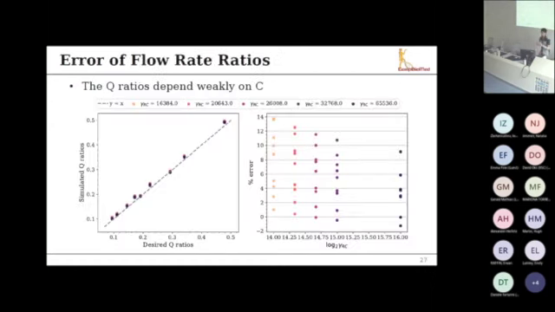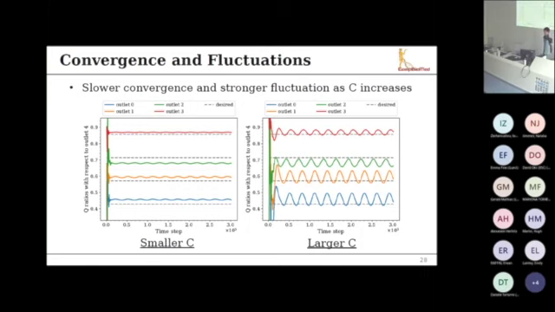Okay, the next one is about the convergence and the fluctuations of the simulation. Here shows the time series of the flow rate at different outlets. As the capacitance increases from the left to the right, we can see there are more fluctuations and the convergence rate decreases.